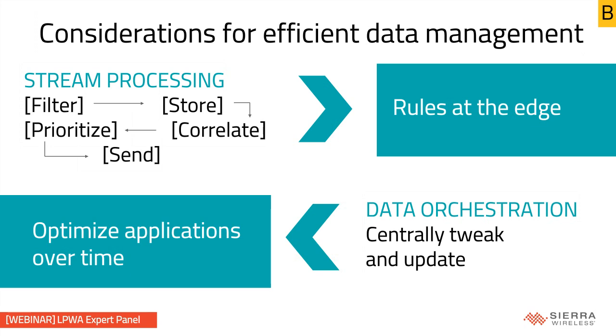First, on the efficiency of the devices and the network that we're using, but secondly, on how efficiently we are using that network to actually push the valuable data we need from the edge to the cloud. So this is what we mean by efficient data management.